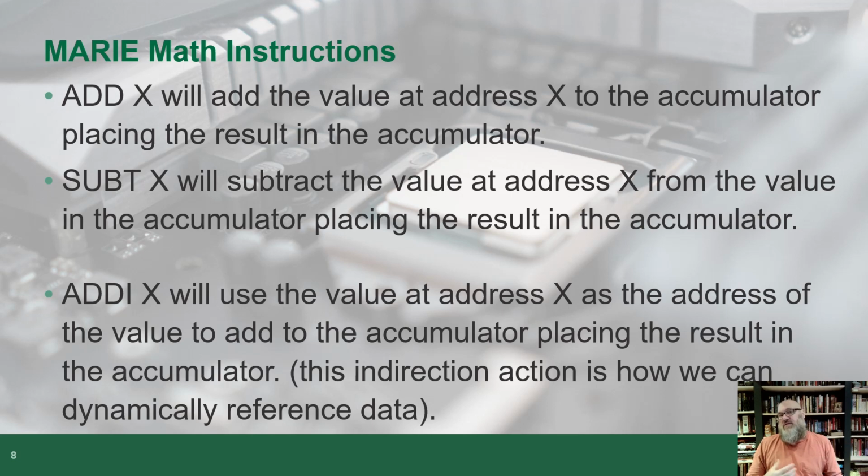So this allows us to have pointers that point to other places, and then we can manipulate those pointers to point to other places. We can add 1 to it to move along in an array, for instance. This is the only way that we can actually do this, but it allows us to do indirect referencing.